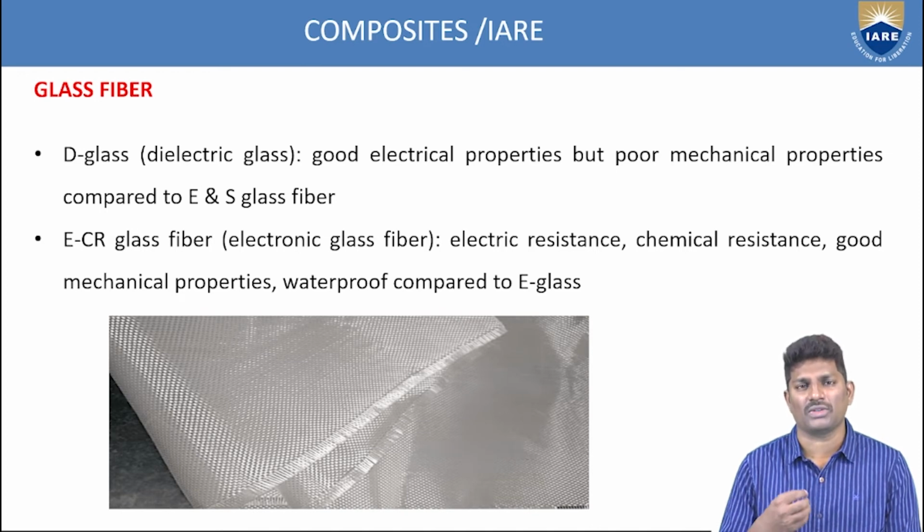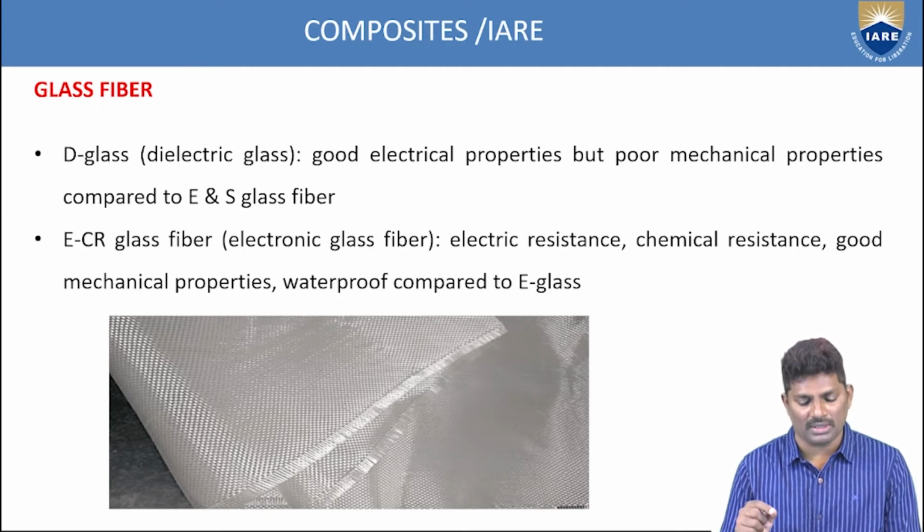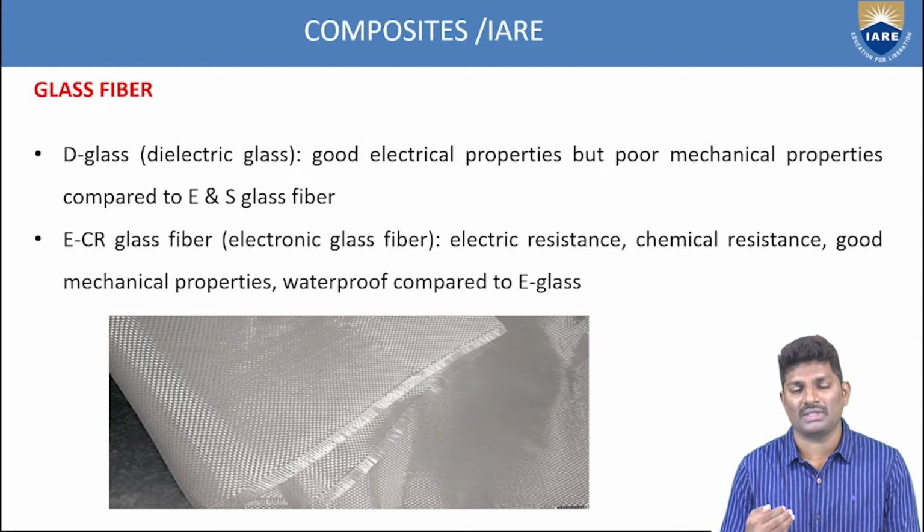In order to overcome those drawbacks, we bring out different materials depending upon our application. In this case, the ECR glass fiber, called electronic glass fiber, is a very good electrical resistance material, and chemically it is also very resistant.